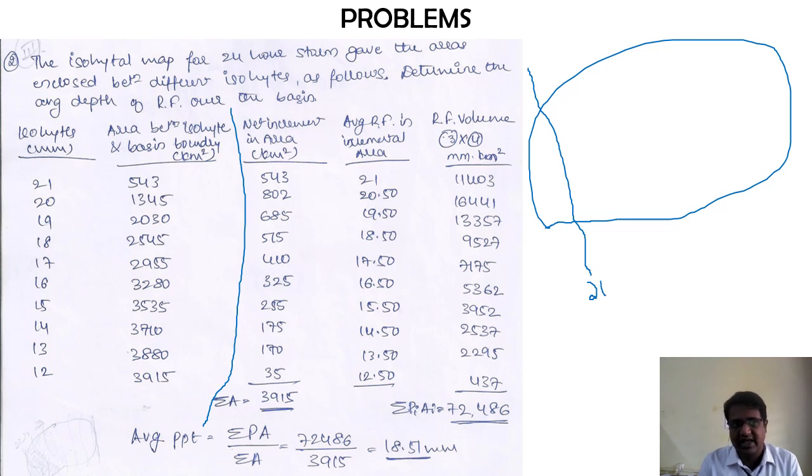And here is the area between the isohyet and the basin boundary. This is an isohyet, this is an isohyet, and this is the boundary. The area between the isohyet and the boundary over here is 543 kilometers squared.